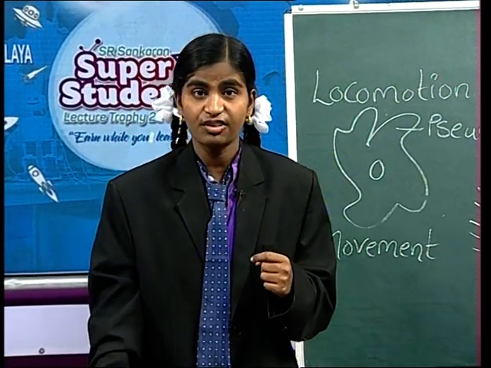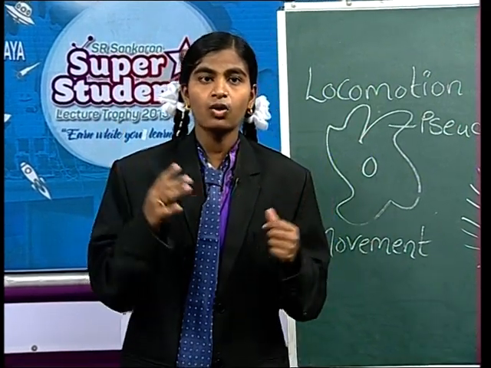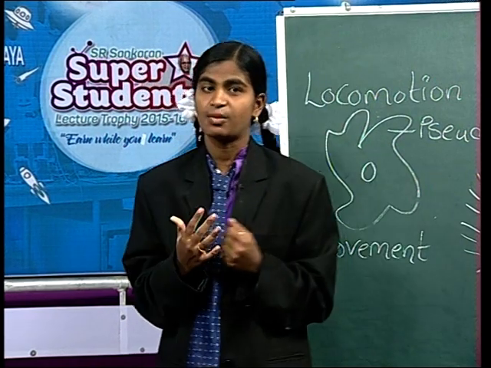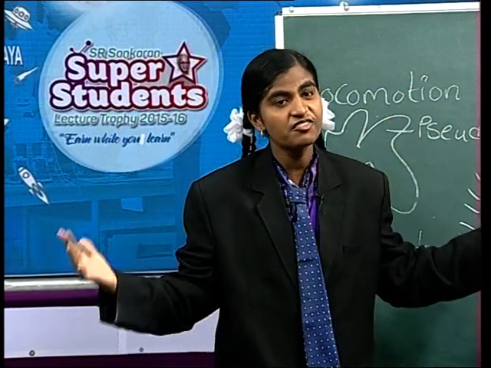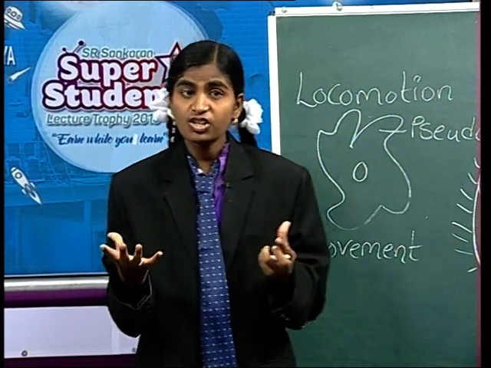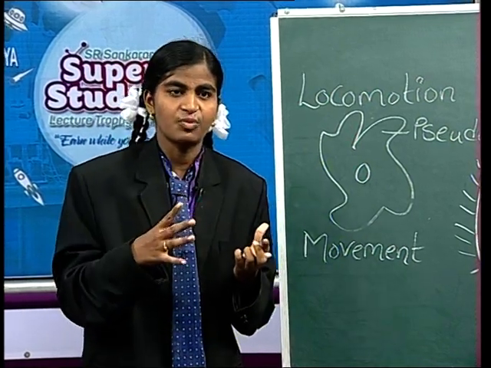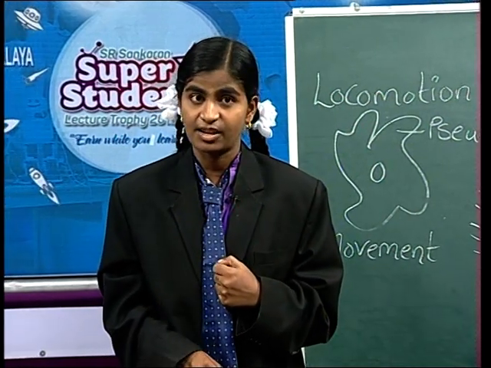So, two are different, right? Friends, here locomotion needs a perfect coordination between skeletal, muscular and also neural systems. So, by the coordination of these three, we can exhibit a wide variety of movements. Locomotion generally requires the muscular and skeletal system. Together, they are called the musculoskeletal system.